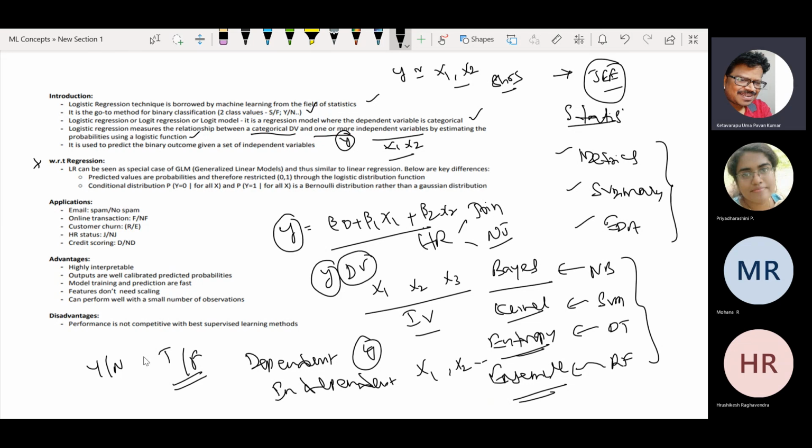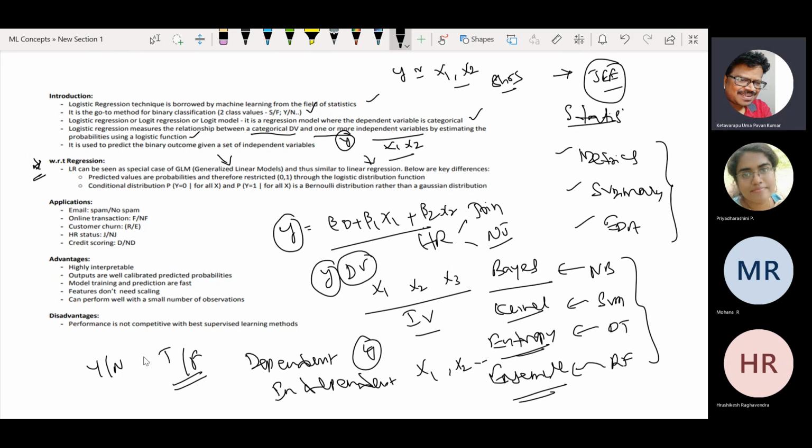Now, in terms of regression, friends, we have already seen simple linear regression and multiple regression. Polynomial regression we'll see after completion of logistic. Logistic regression can be seen as a special case of the generalized linear model, and thus it is similar to linear regression.